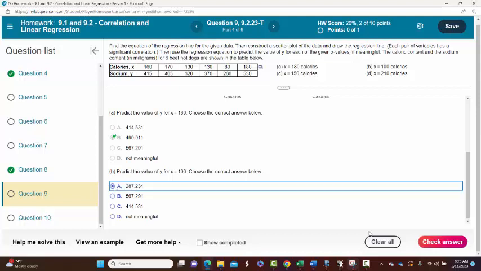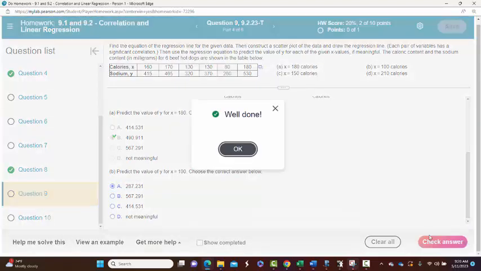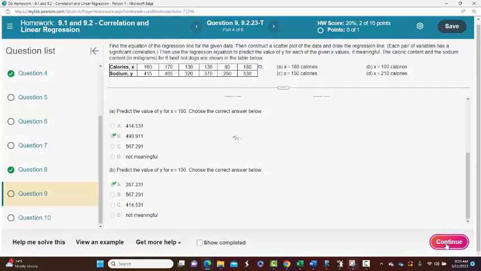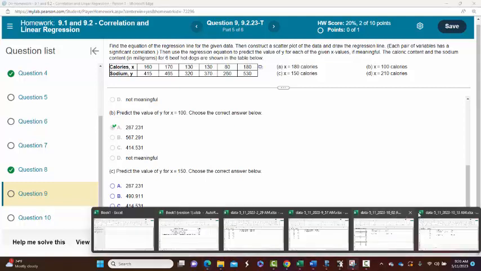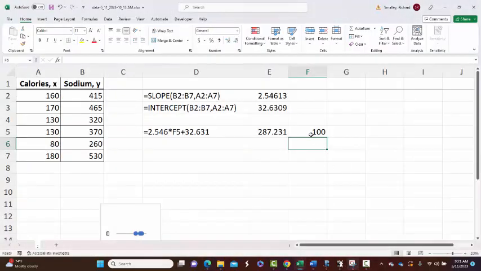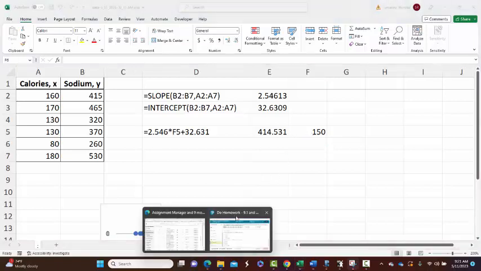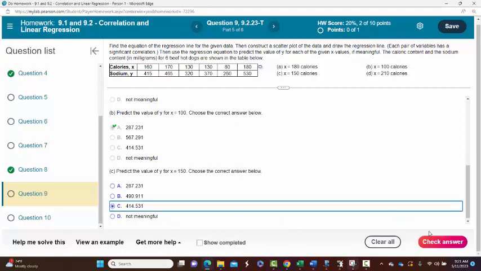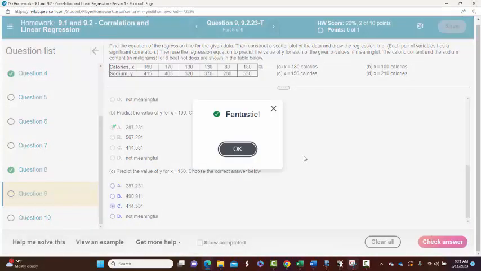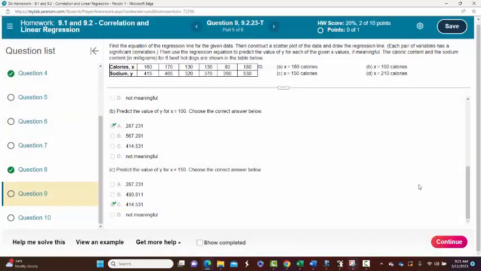There it is. Got to hit continue. 150. 414.531. Fantastic.